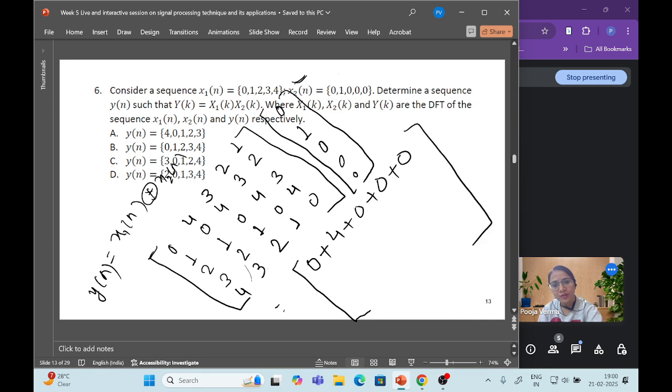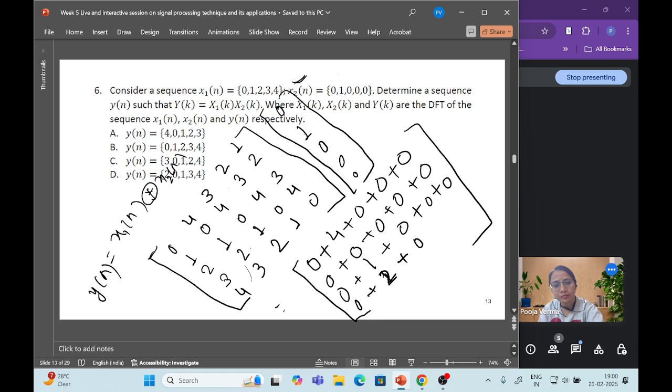Now the next one is 1 into 0, 0. 0 into 0, 0. Again all the values are 0, so we add 0 only. Now next is 2 into 0, 0. 1 into 1, 1. Again all the others are 0. Now the next is 3 into 0, 0 plus 2 into 1, 2.